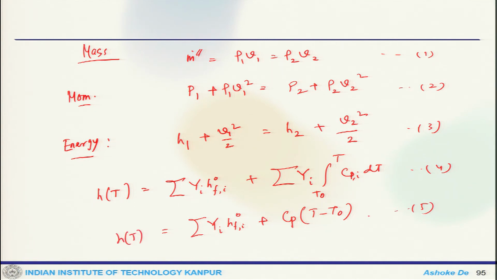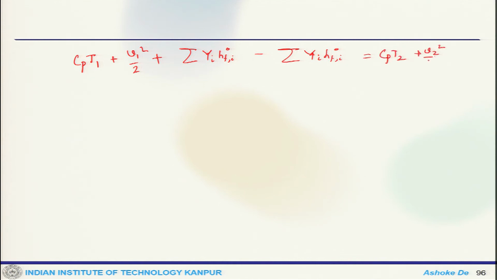Now, I will put this equation 5 into 3, the energy equation. So, once I do that, what will I get? I will get Cp T1 plus V1 square by 2 plus summation of yi HFi naught minus yi HFi naught equals Cp T2 plus V2 square by 2.